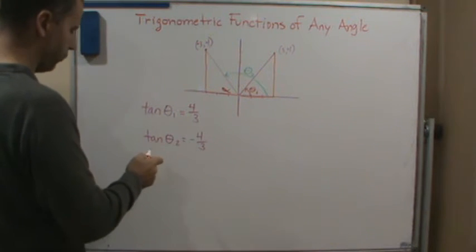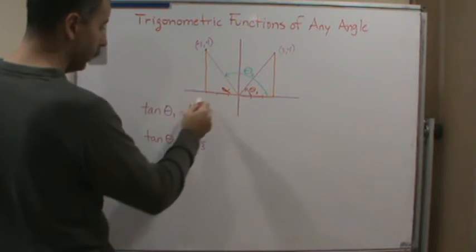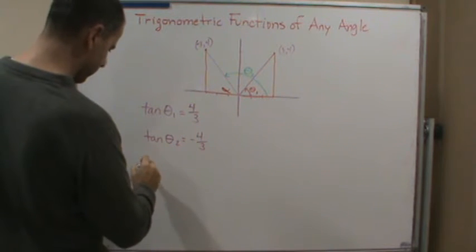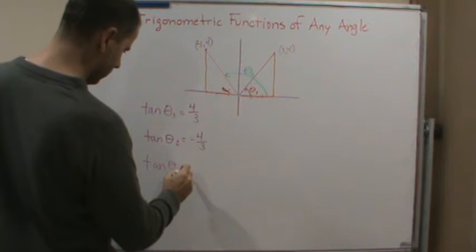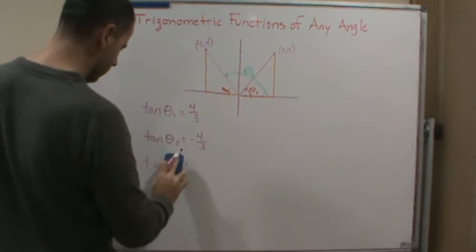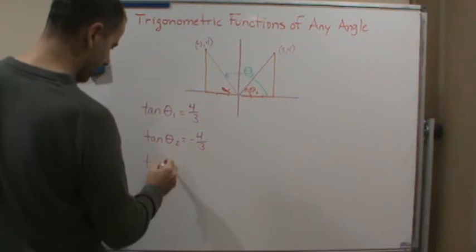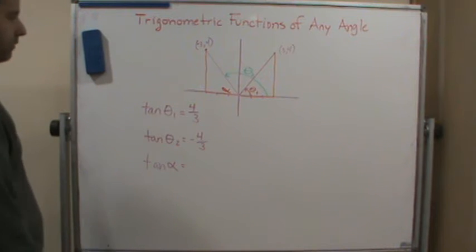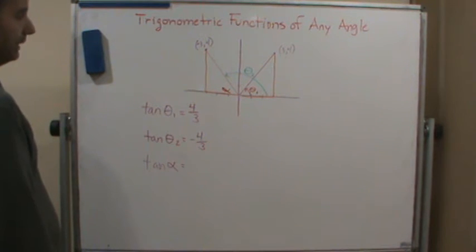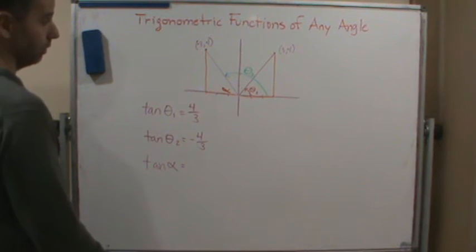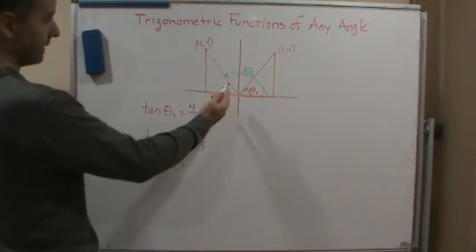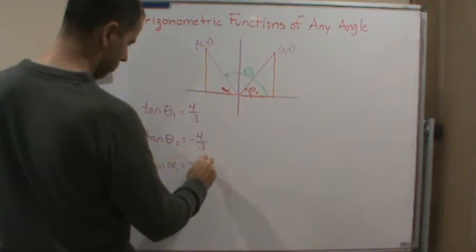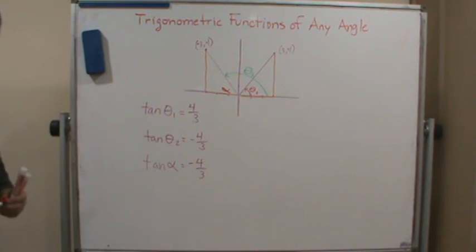So if we take the tangent of alpha, oops, not theta, so the tangent of alpha is the same as the tangent of theta 2, right?